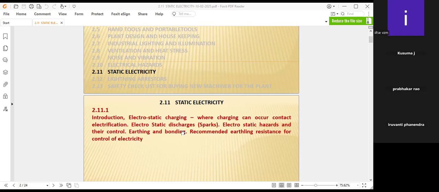These are some of the important topics where perception is very important. We experience static electricity, and the shock is very little, but the effect is more compared to the controls.